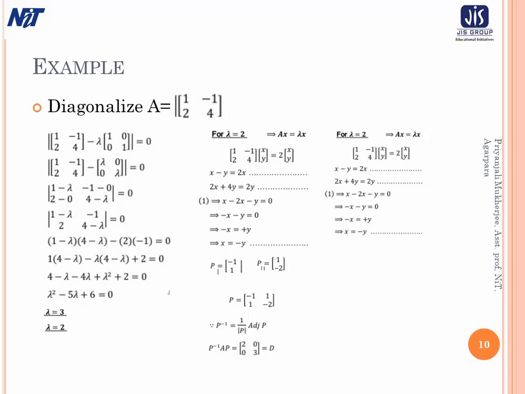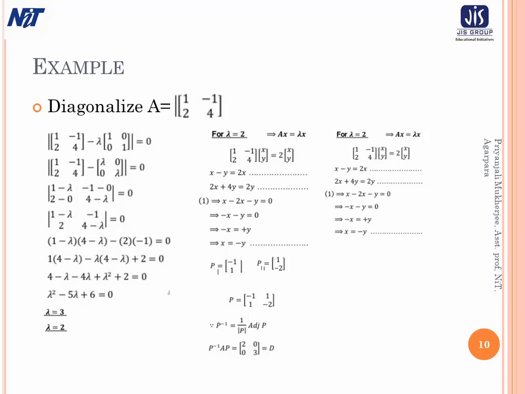The A matrix is given as 1, minus 1, 2 and 4, and this lambda is the eigenvalue, which is a scalar, and an identity matrix of 2 by 2 has been chosen, so it is 1 0 0 1.